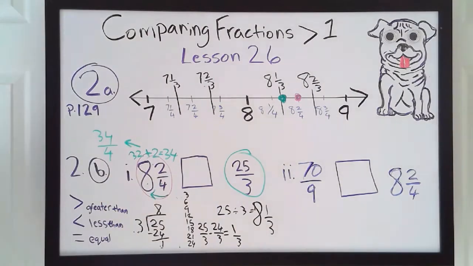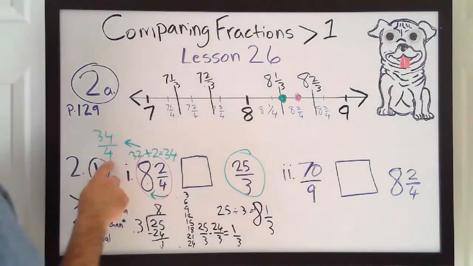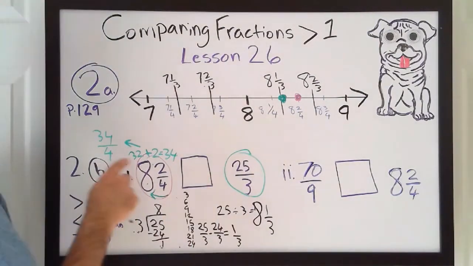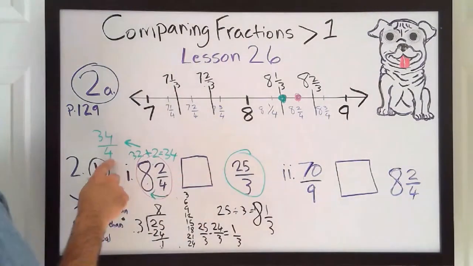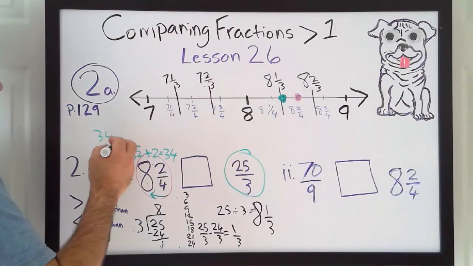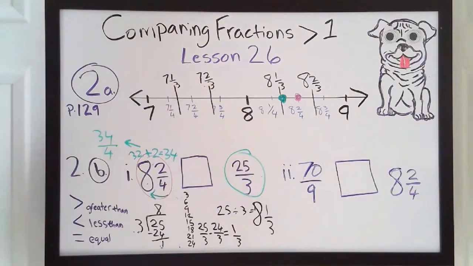Now, we have two different denominators here. What do I need to do to compare these two? I have to turn them into equal fractions, or they got to have the same denominator. The closest denominator we can use is probably 3 times 4. 3 times 4 is 12. So that means I have to multiply this times 3 over 3 and multiply this one times 4 over 4.